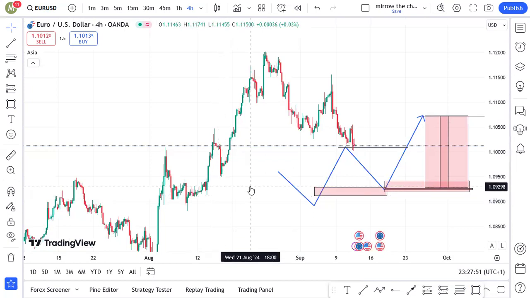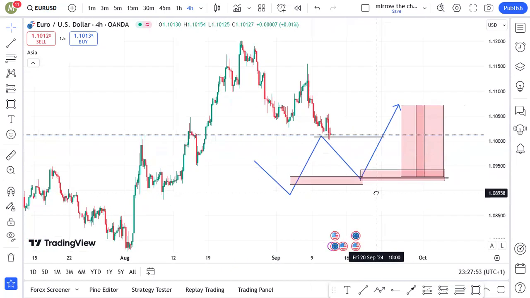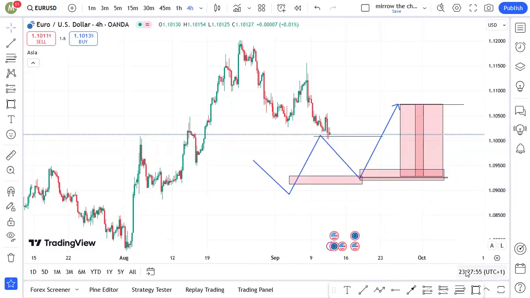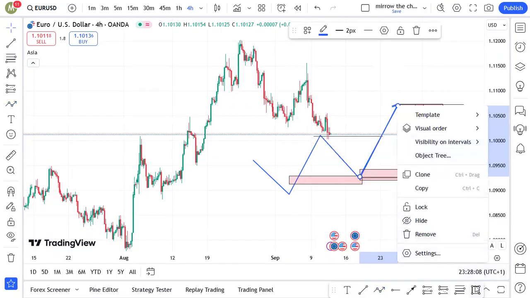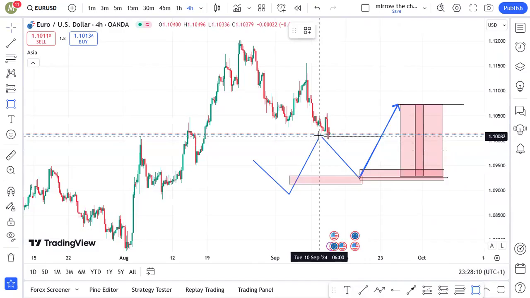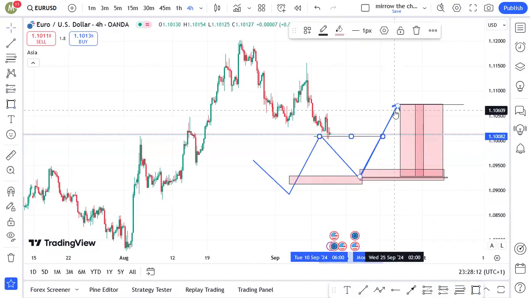Anyhow, below the grammar, at least you understand. So now this is our virgin range. Price has not worked with this one. Price just made a high here after taking out this high. Price made a new high.